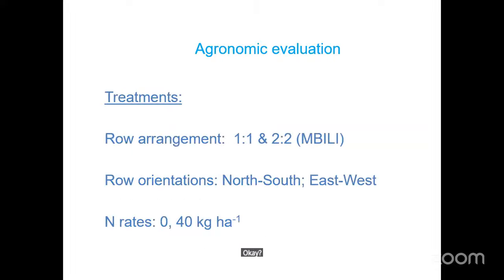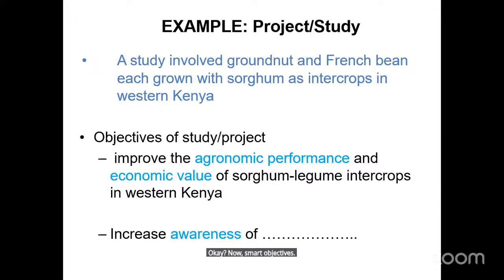Now, smart objectives use action words rather than process words. Okay?